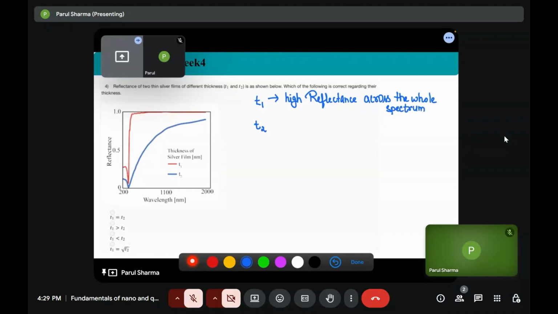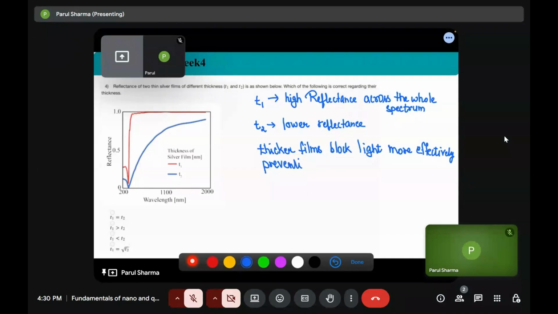We just saw that for T1 there is high reflectance and for T2 lower reflectance. We just saw that a thicker film blocks light more effectively. The reflectance is increasing with thickness but not reaching one for one color, but for red it is reaching one.